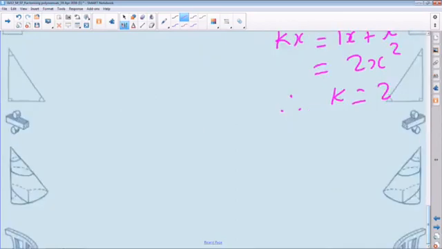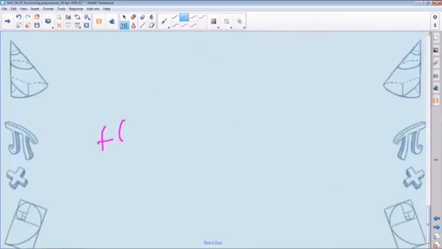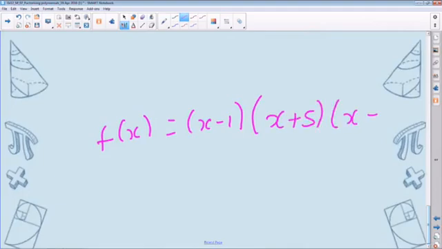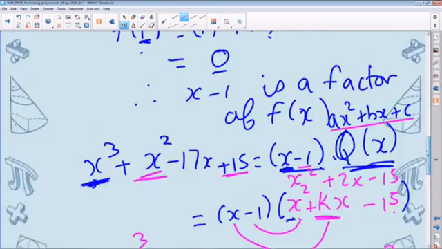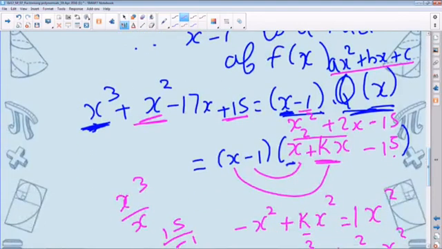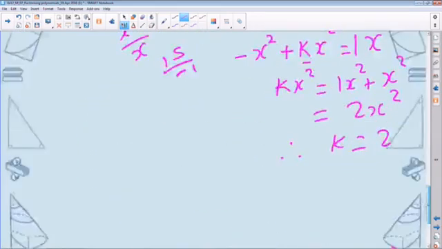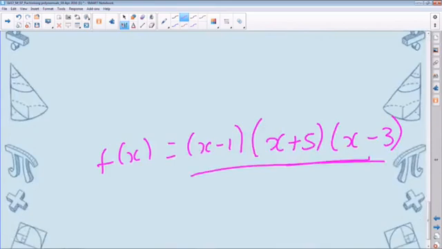So therefore, your function f of x is going to be equal to x minus 1 times, factorize your quadratic expression as well, so it's x plus 5 times x minus 3. And all I've done there is I've factorized this expression, x squared plus 2x minus 15, to give me the other two factors. And each of these are your roots of your cubic polynomial.